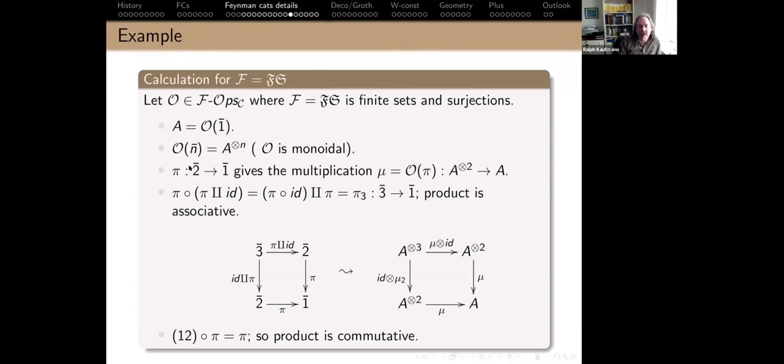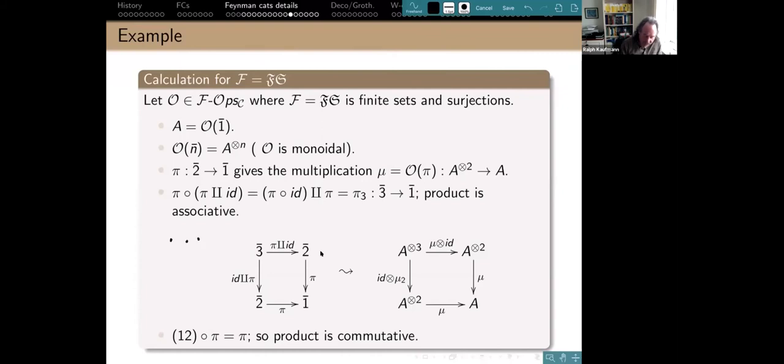Now I have to figure out what the functor does on morphisms. The first morphism is just a surjection from 2 to 1. That will give me a map from A tensor 2 to A. That's a multiplication. Because I only have surjections, if I want to go from 3 to 1, there's just one map, but there are two factorizations of this map through 2. There are nice trees associated to it.